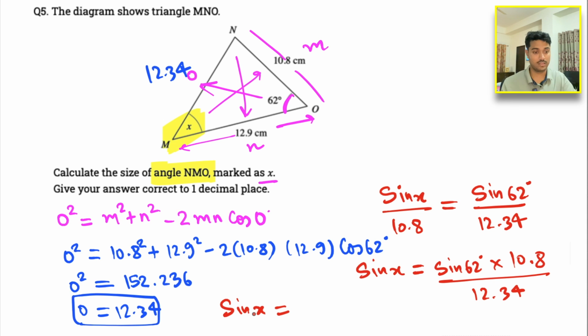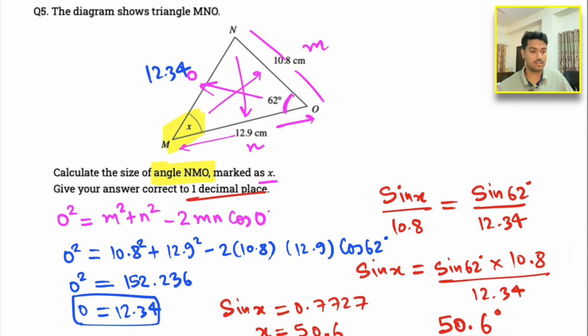This is the answer, and then divide by 12.34. The answer is 0.7727. So X will be sine inverse of this answer. So shift sine inverse answer, and we are getting 50.6, approximately correct up to one decimal place. The answer is 50.6 degrees, and this is the answer.